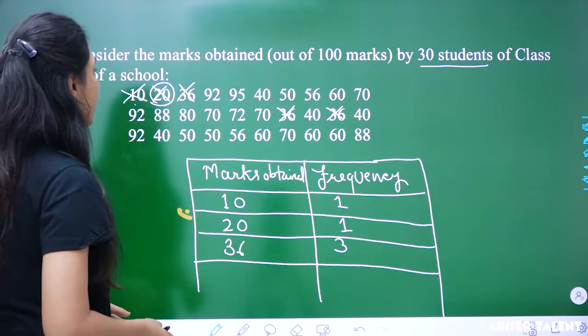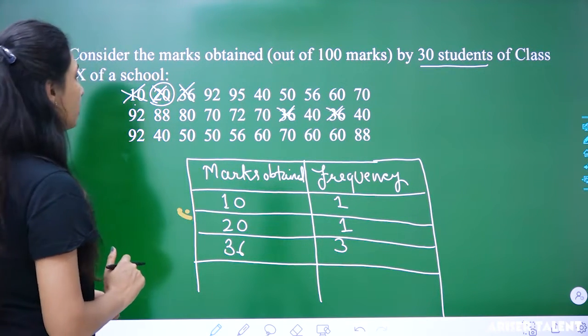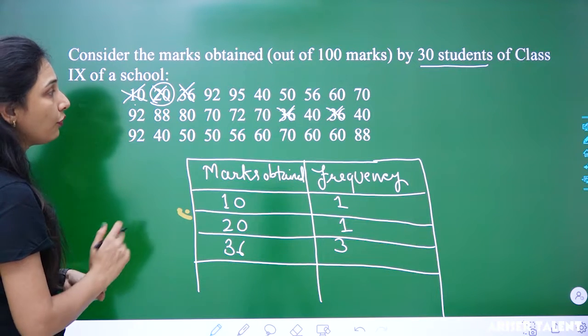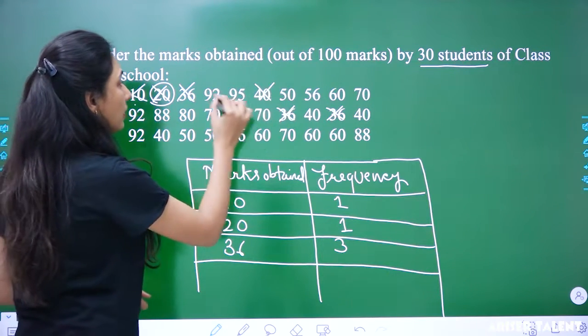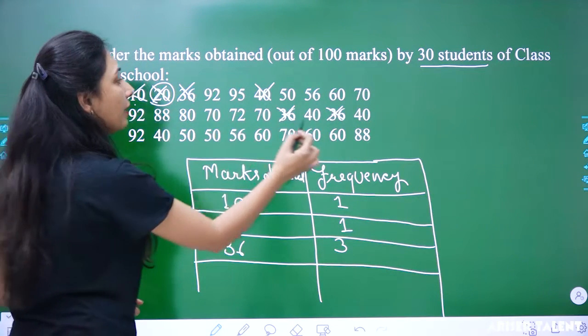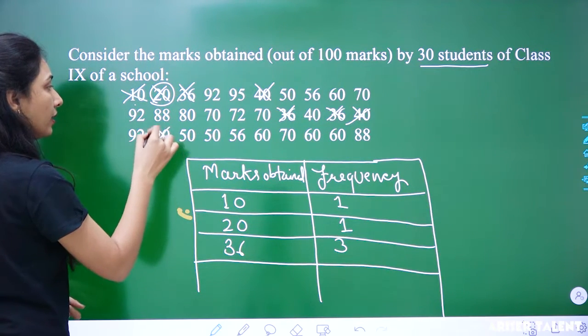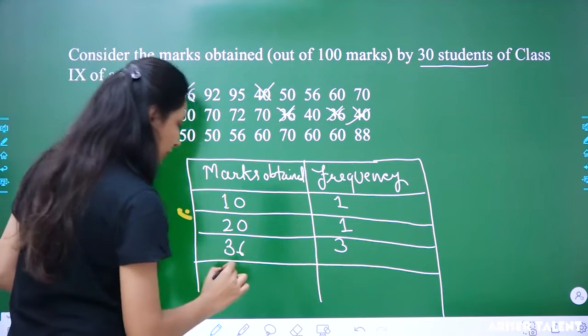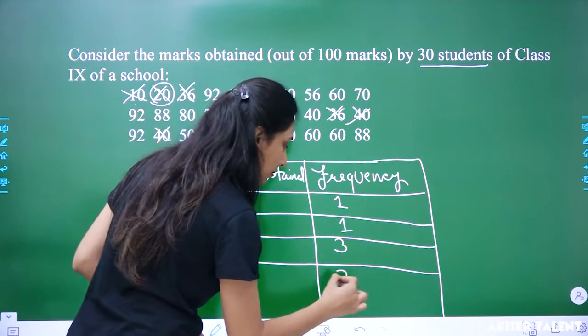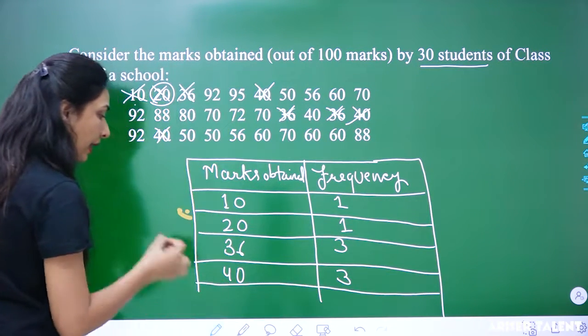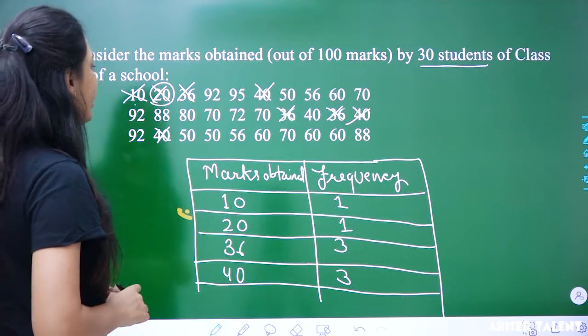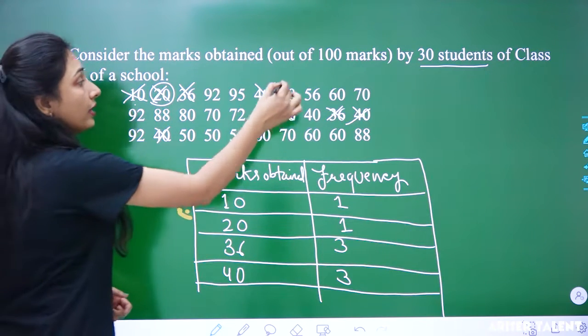After that, let's suppose we are getting 40. So this is 1, and here we are having one more 40, 2, 3. Any more 40s here? So 3 40s we are getting. After 40, we are getting a 50, isn't it? So 1.